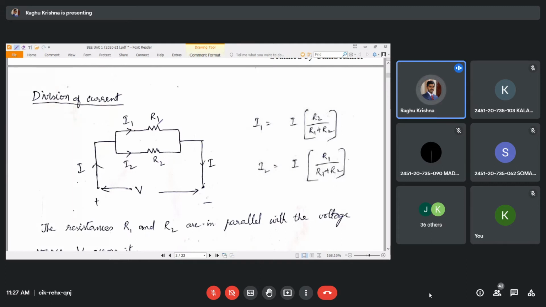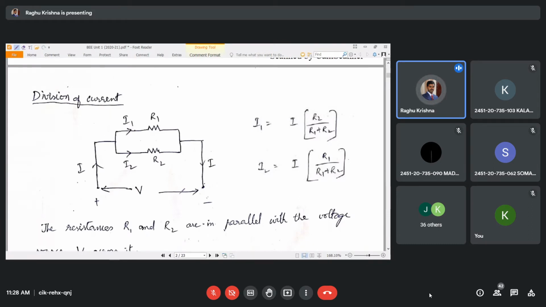The voltage across resistor R1 is V. The voltage across resistor R2 is V. So the total current I gets split into I1 and I2. Again, at this node, the two currents I1 and I2 get added and form I. So this is a part of the circuit.